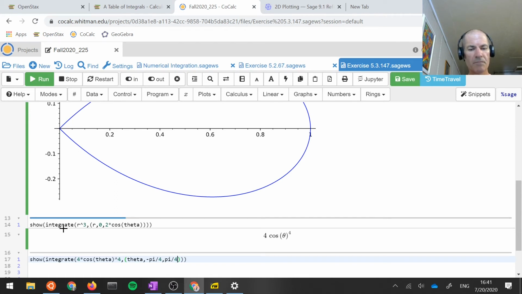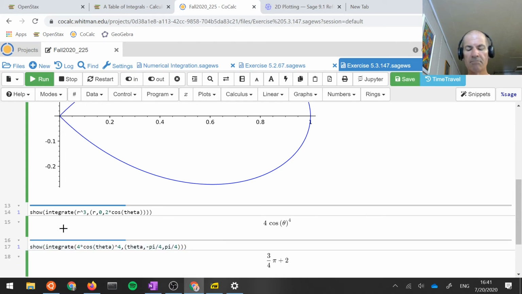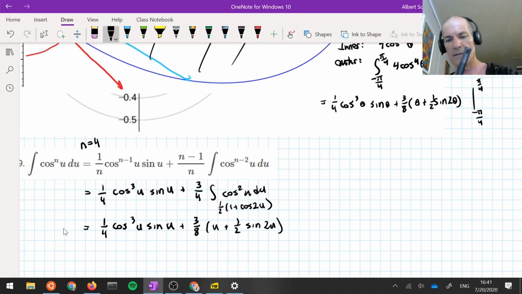Looks good. Turns out pretty nice. 3 pi over 4 plus 2. So that works out to 3 pi over 4 plus 2.